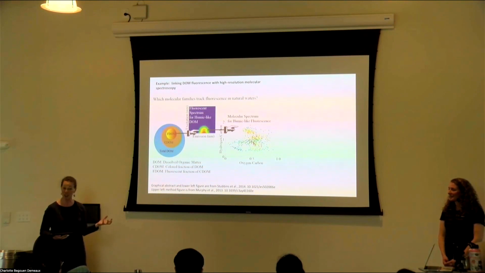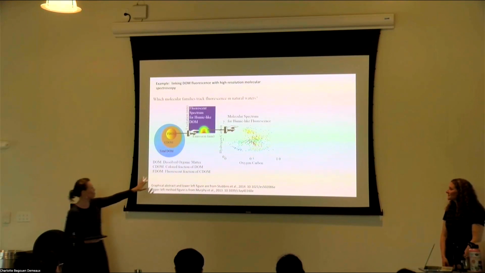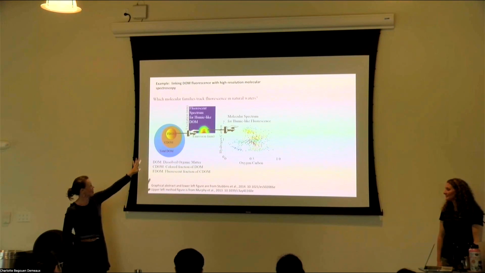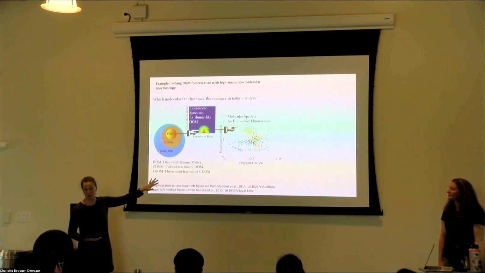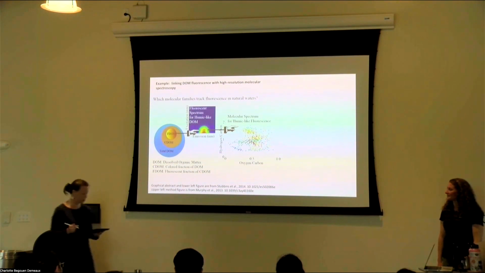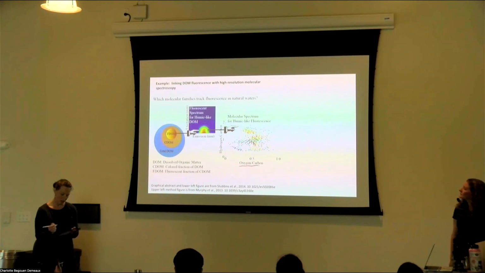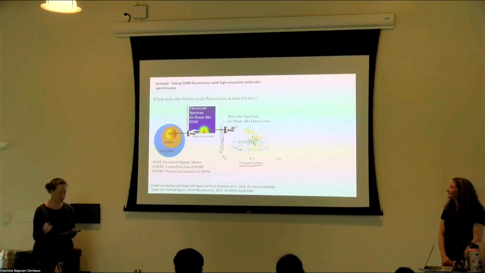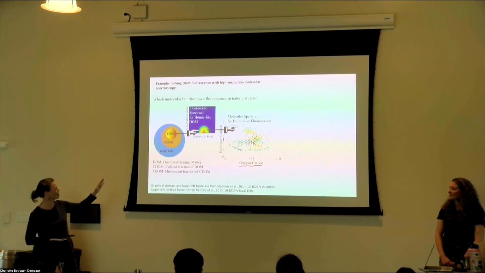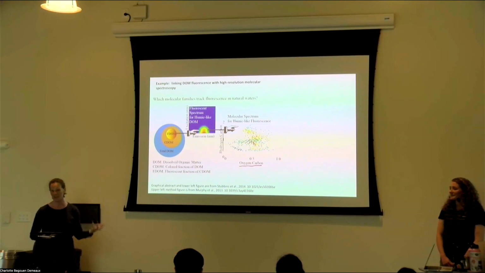You may not know the structure, where it came from, or what it's for, but you can get the formula. And so you can plot the characteristics of those formulas. In this case, it's the van Krevelen plot, with the oxygen to carbon ratio on the x-axis and the hydrogen to carbon ratio on the y-axis, and you can start to see the distribution.